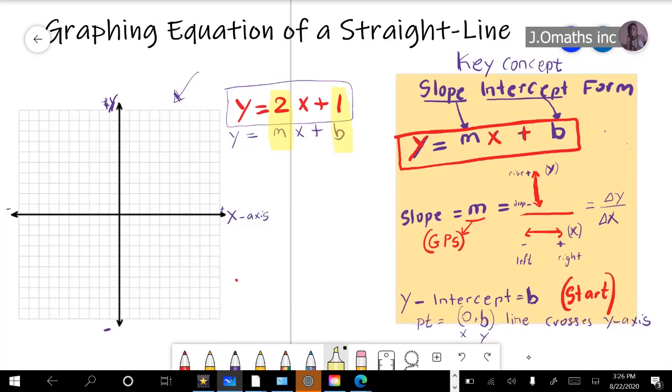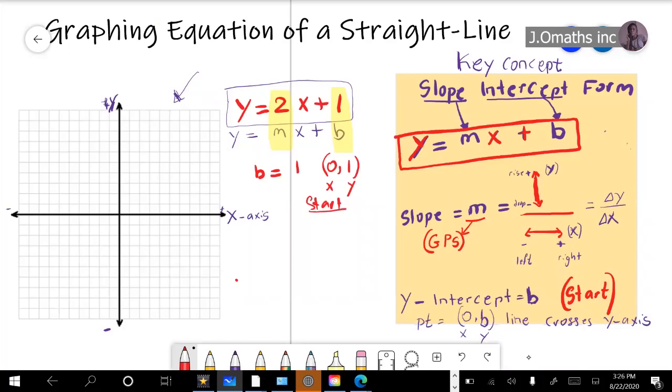So where do we start graphing? We start by graphing the point where b equals 1 on the y-axis, and the point would be (0, 1). Remember, when you're plotting a point, the first number is the x coordinate, the second is the y coordinate.